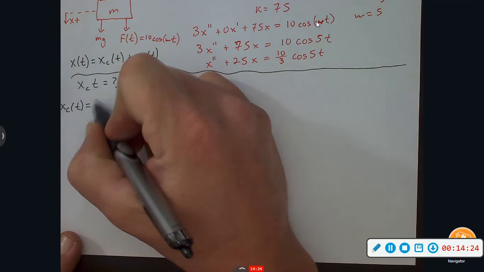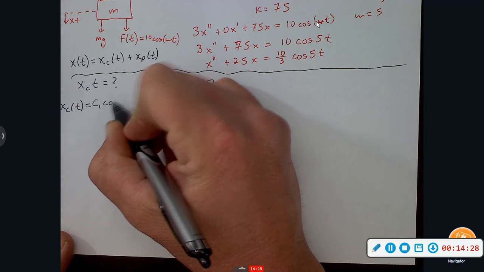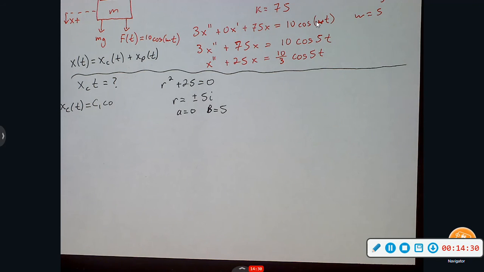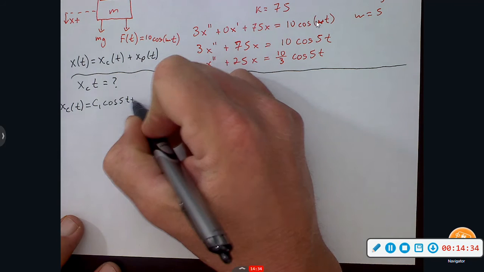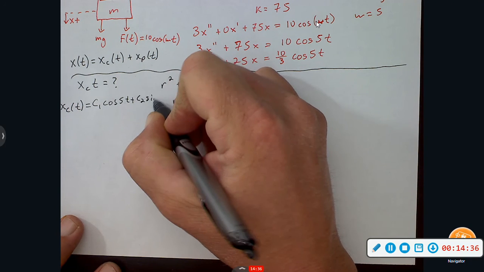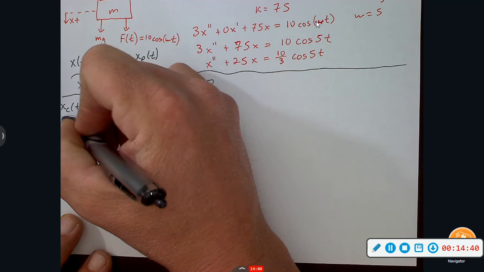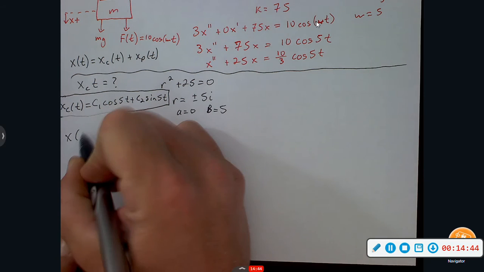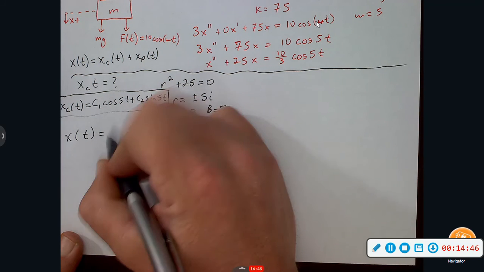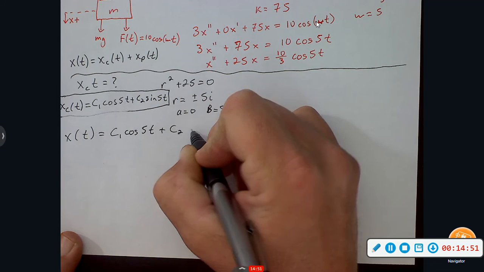We have C1 cosine 5t plus C2 sine 5t. I'm going to lock that in. That's xc of t.